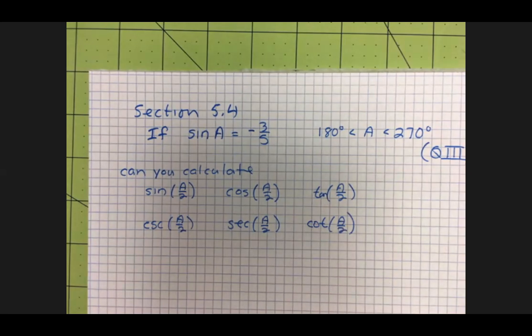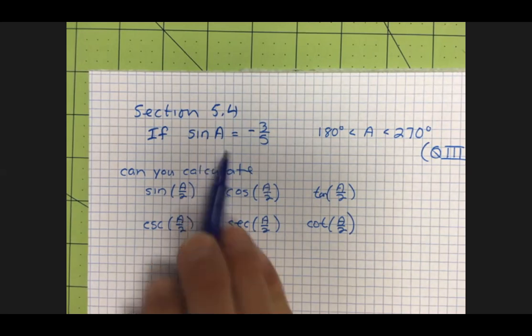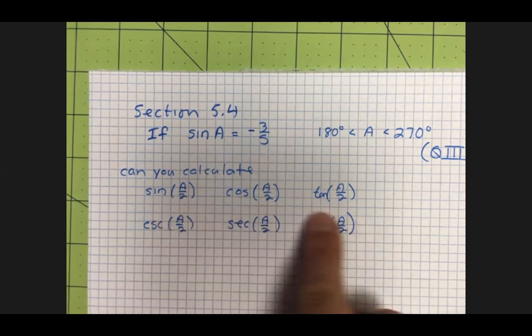Say it like I said it a few minutes ago. It used to be that if I described an angle to you, you could find all 6 values. Now, what we're learning today is if I describe an angle to you, you can find all 6 values of the double angle and all 6 values of the half angle.